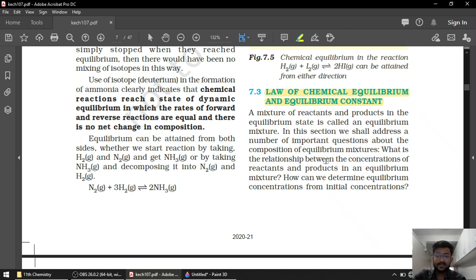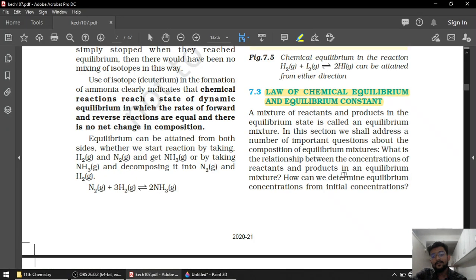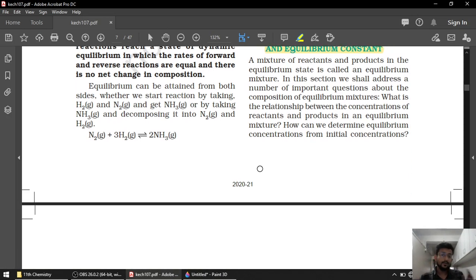What is the relationship between the concentration of reagent and product in the equilibrium mixture? That formula has already been derived. How can we determine equilibrium concentration from initial concentration? That we will learn in the numericals.